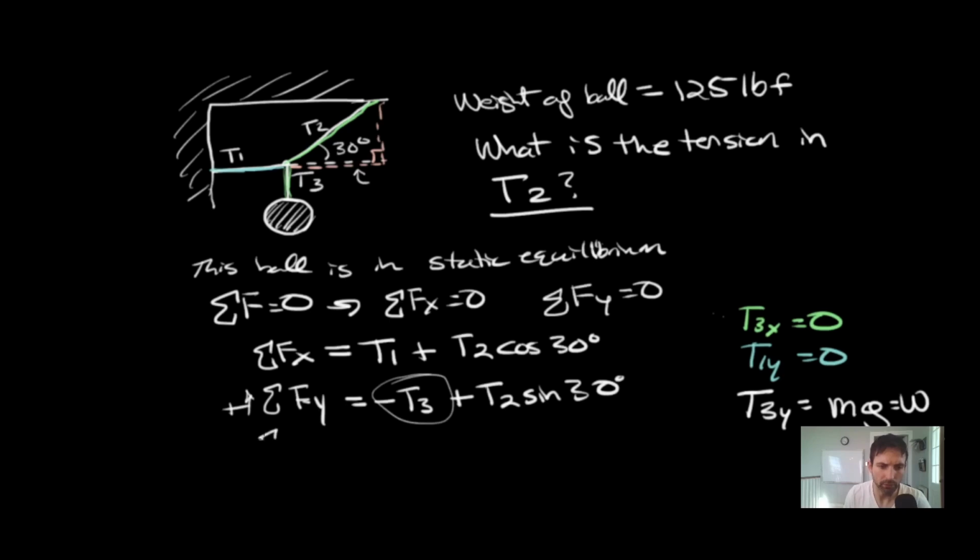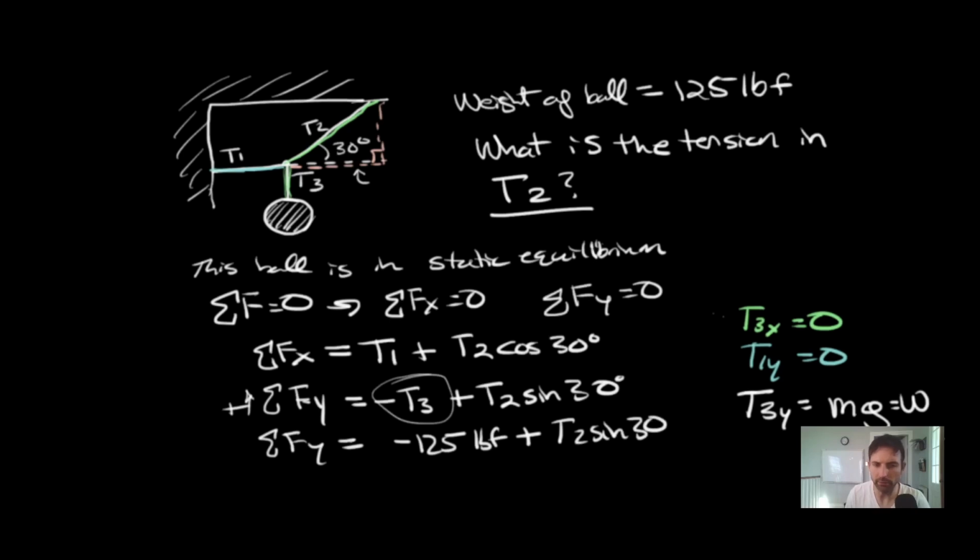So the sum of forces in y is going to equal negative 125 pound force, and the opposing force would be T2 in the y direction, T2 sine of 30.